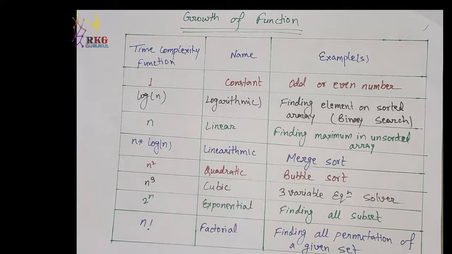N square is called a quadratic function, and bubble sort, selection sort, insertion sort, this type of sorting algorithm will take quadratic time.